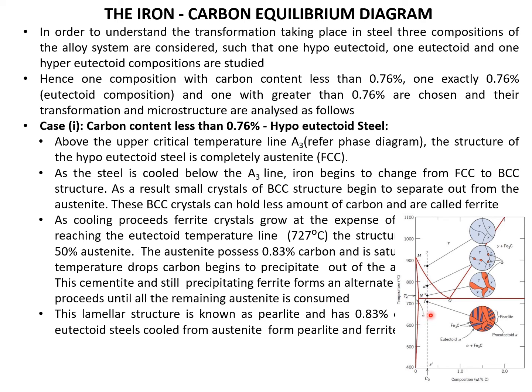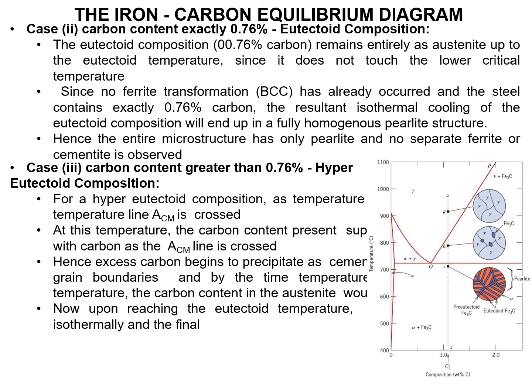Once it crosses the eutectoid line, we have cementite grains plus the eutectoid mixture, alpha plus Fe3C. Here the structure changes from FCC to BCC. Carbon content exactly at 0.76 is called the eutectoid composition. So see how the structure changes from gamma to eutectoid mixture.